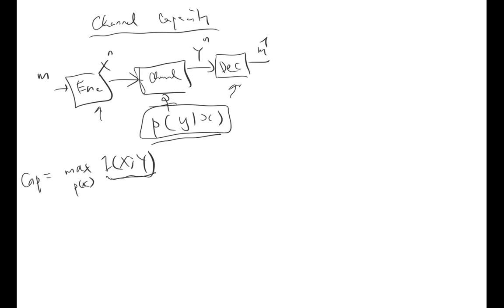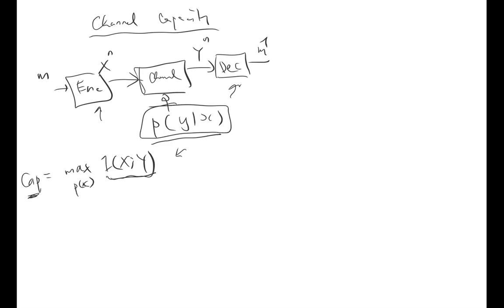So is that clear? Any questions? Intuitively, it's actually very simple, extremely simple. Of course, we need to prove that. Basically, the proof will be saying, okay, can we find a scheme that can send messages at the capacity?